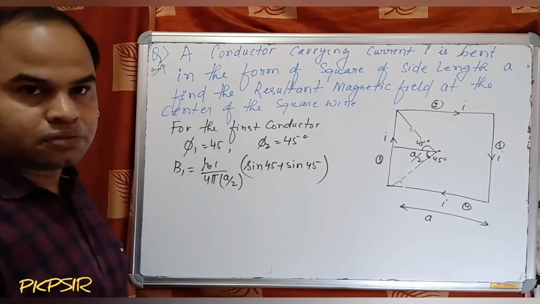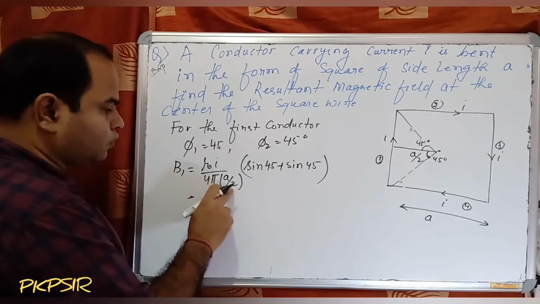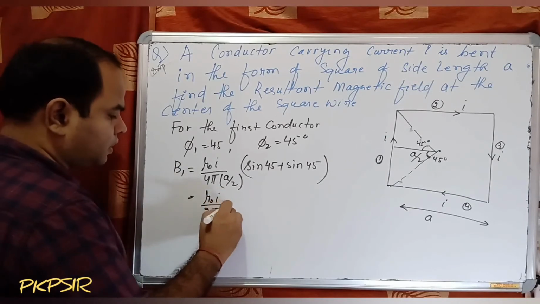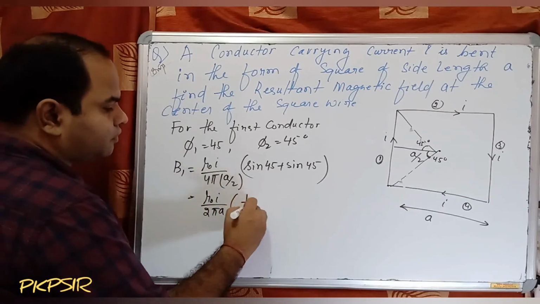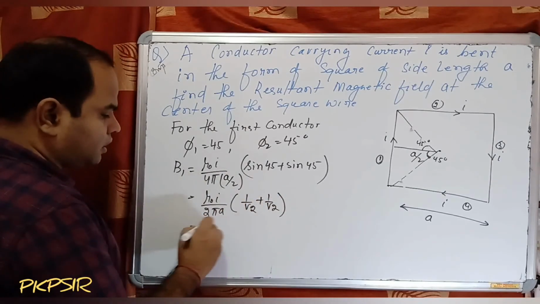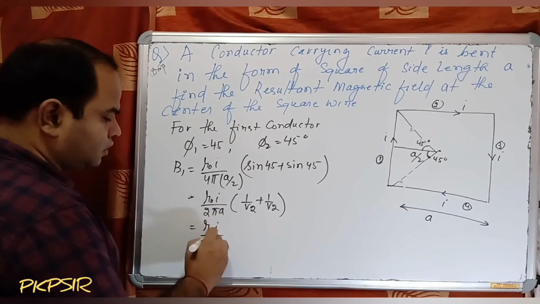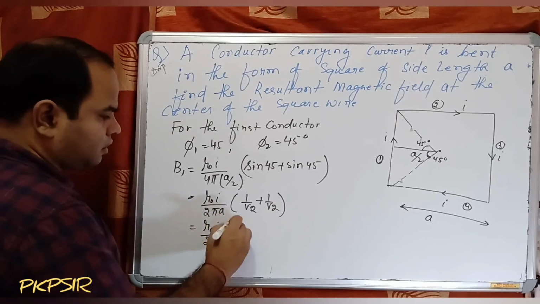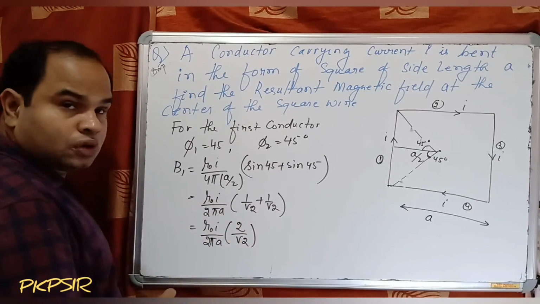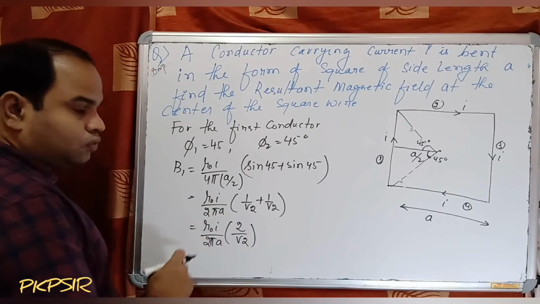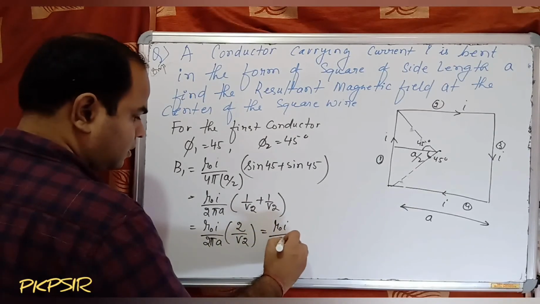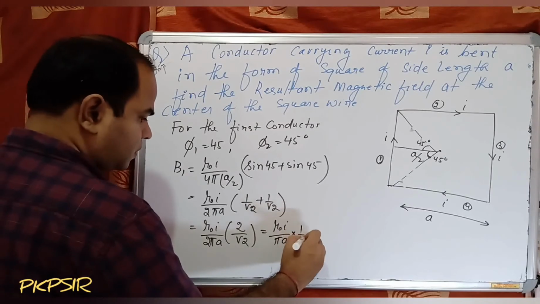So sine 45 is how much? 1 by root 2. So that is mu naught I by 2 pi A, into 1 by root 2 plus 1 by root 2, that is 2 by root 2. Cancelling the 2, this is mu naught I by pi A into 1 by root 2.